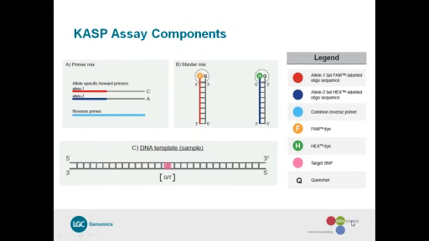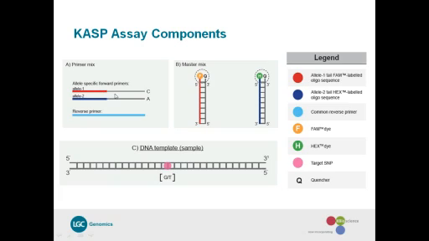So here's just a quick overview of the components of the assay. The three components come together. You have your primer mix, which has your target-specific primers. And here we have two competing forward primers, one labeled in red here and one in blue. And then we have one common reverse primer.